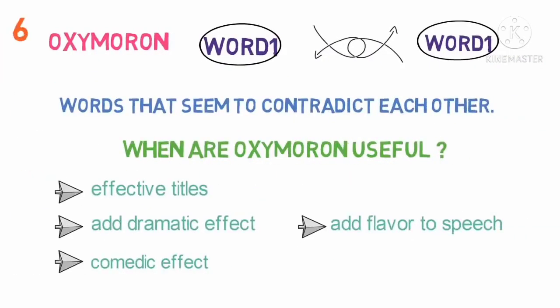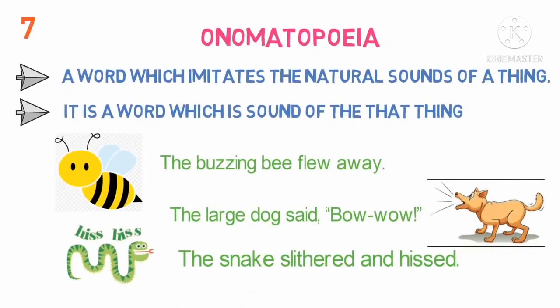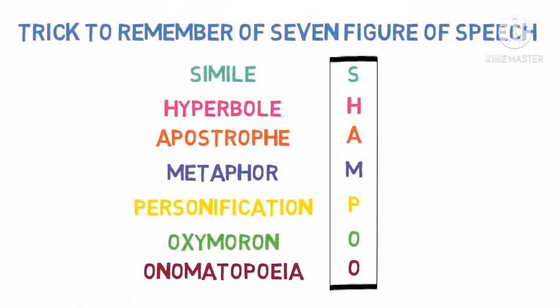Sixth, oxymoron. Oxymoron is a figure of speech containing words that seem to contradict each other. That is, one word says one thing and the other word says another thing. And seventh, onomatopoeia. An onomatopoeia is defined as a word which imitates the natural sounds of a thing. That is, it is a word which is the sound of that thing.